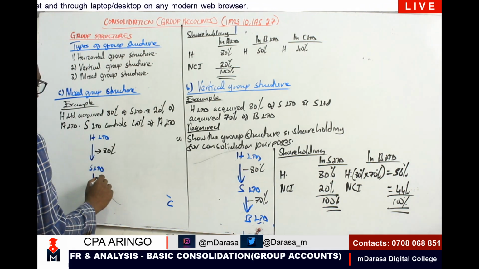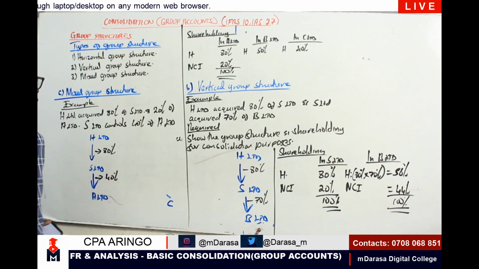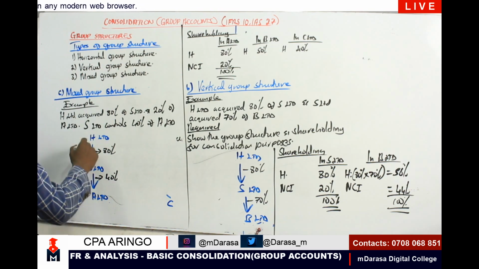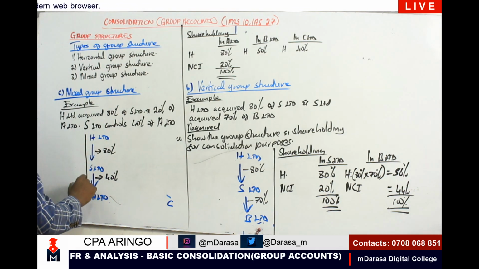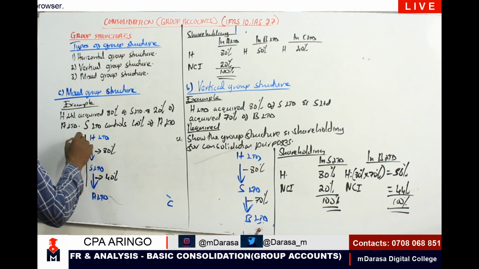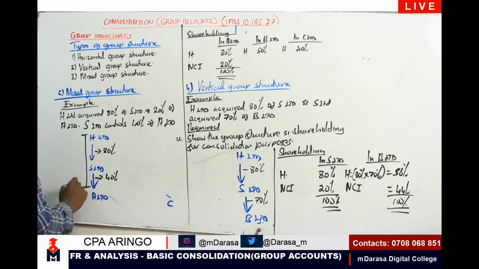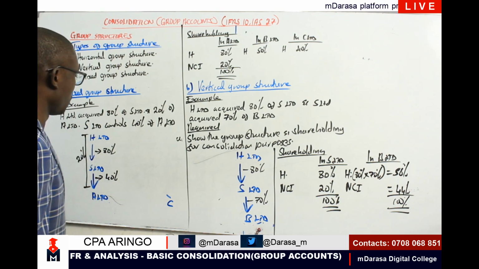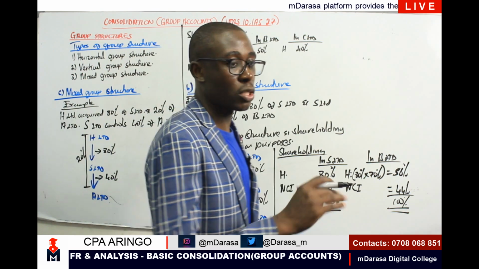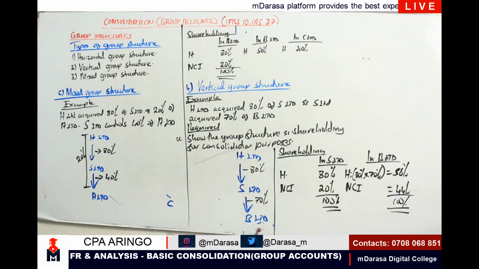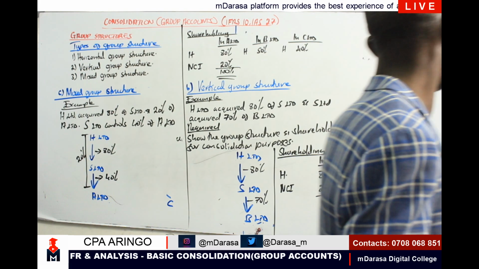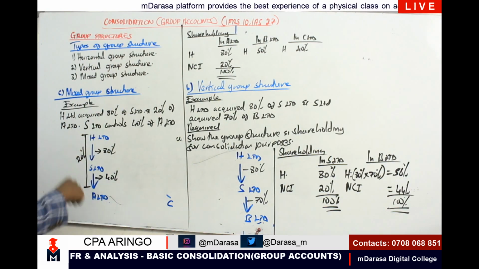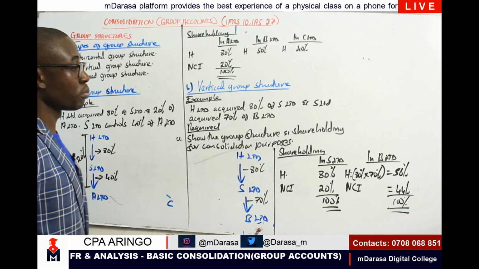S is controlling 40% of A Limited. But again, in A, H is controlling 20% of A Limited, meaning that you are talking of direct control. So basically, this is how our structure will look anytime we're talking about mixed group structure.